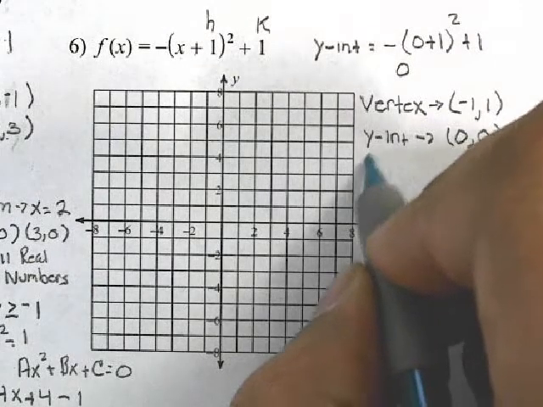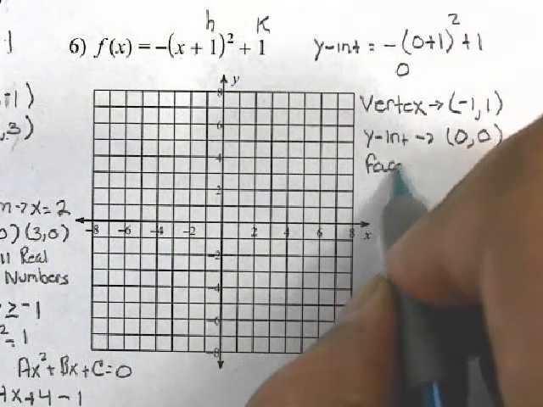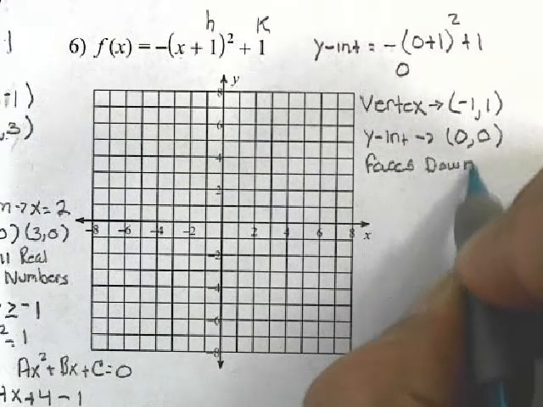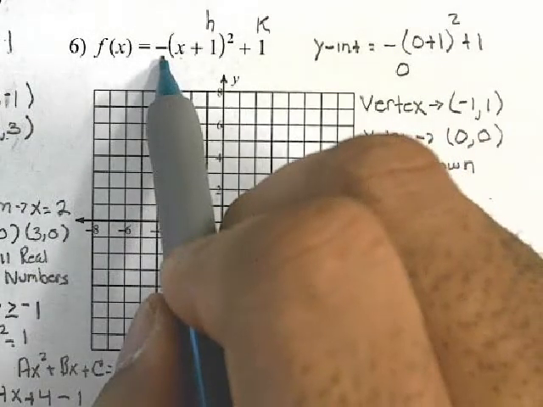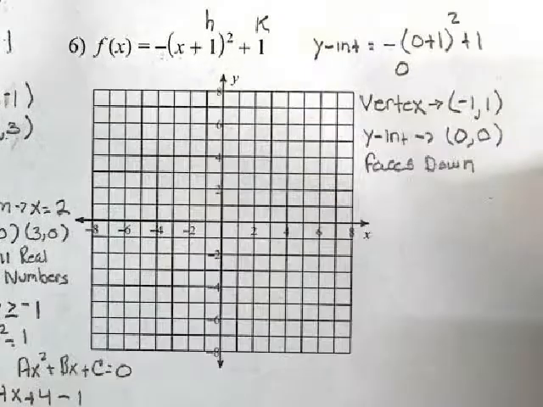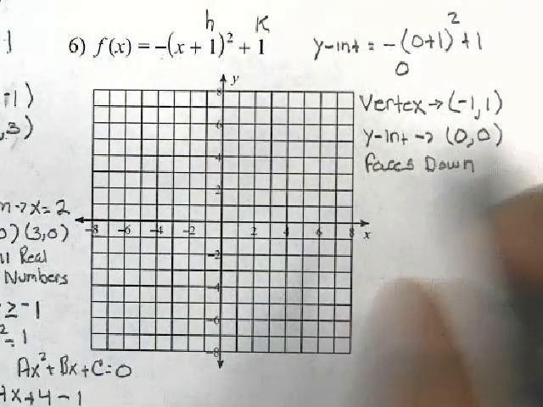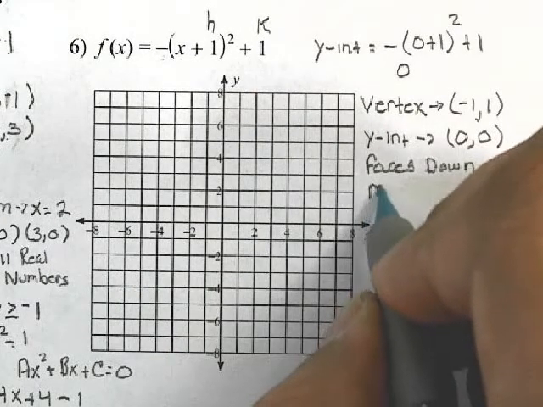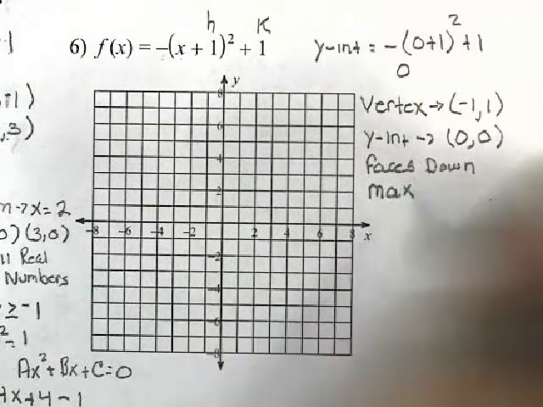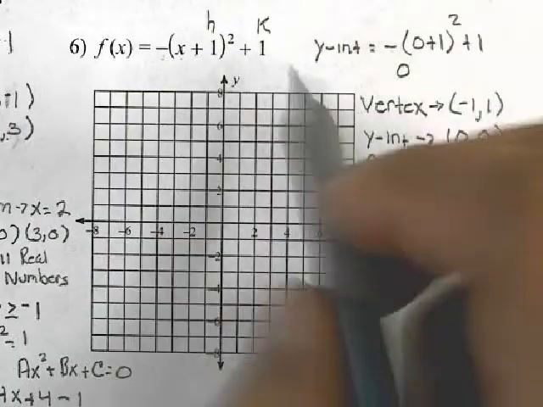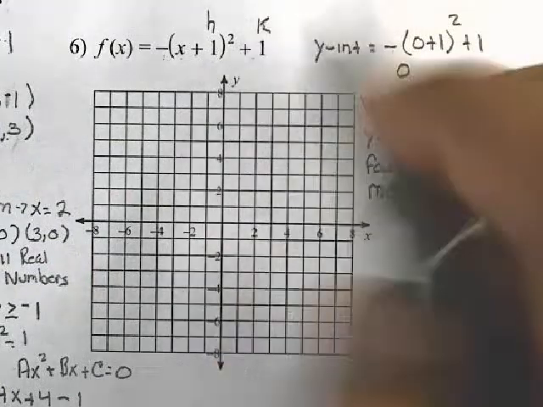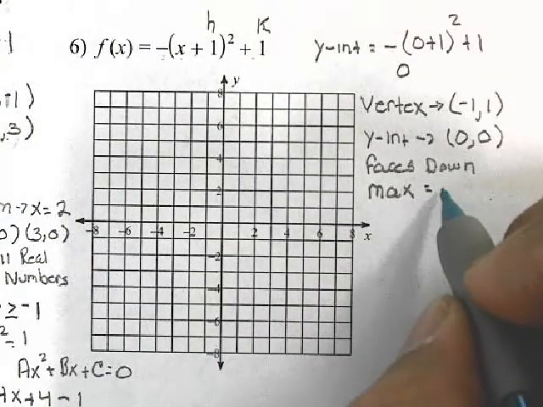Now, this one faces down because a is negative. That's -1. So, if it faces down, we have a max value. We have a max at 1 because the max or min value is equal to k. So the max is equal to 1.